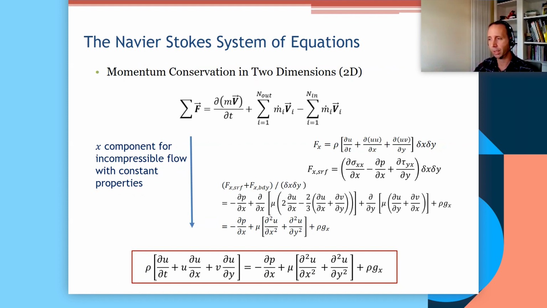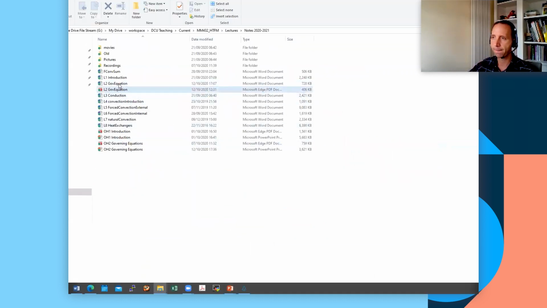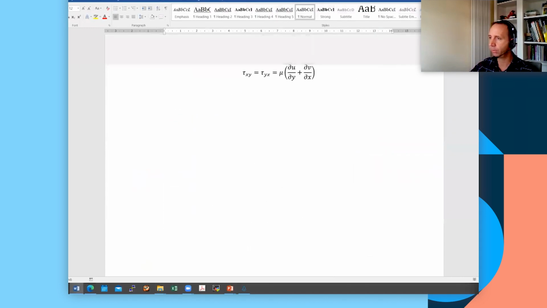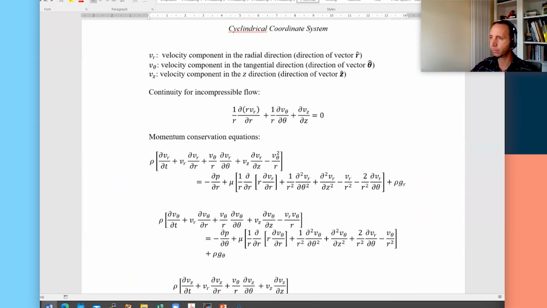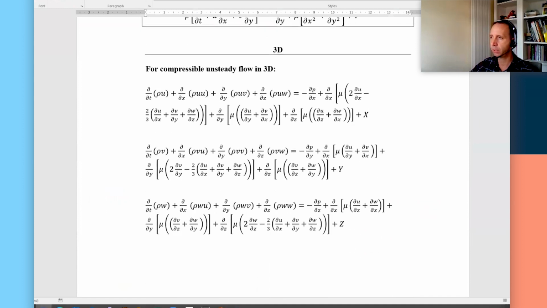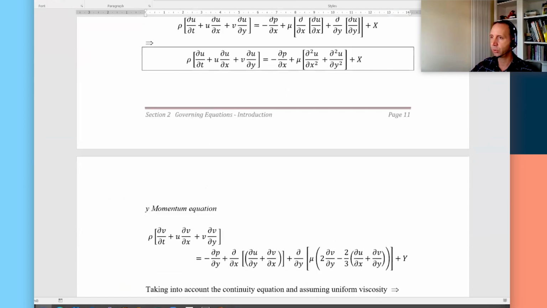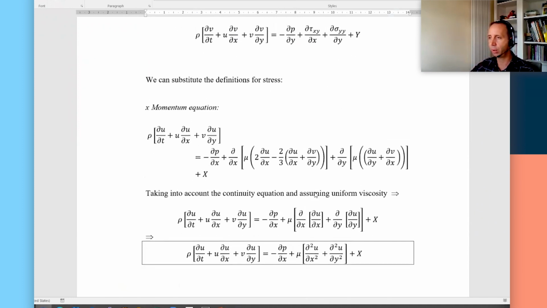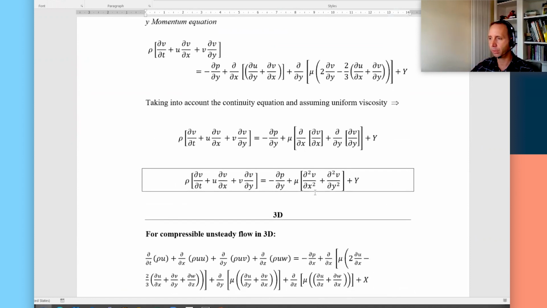I should though highlight what you end up with, and I'll pull out the lecture notes to discuss this. We have at the very end our governing equations, which can be expressed in a Cartesian coordinate system in 2 dimensions, which need to be complemented by the continuity equation.